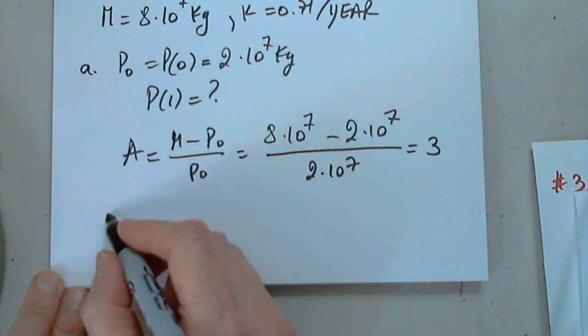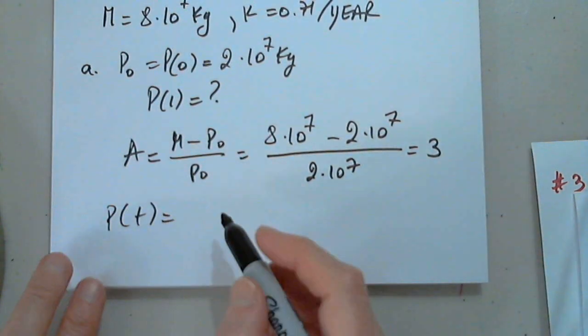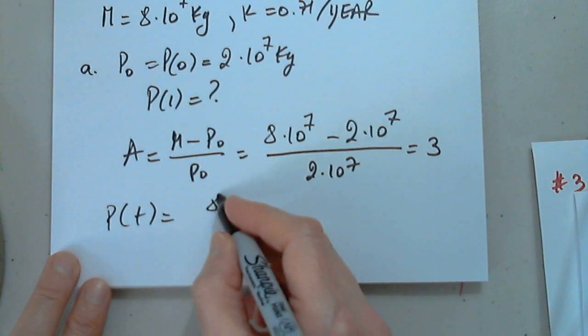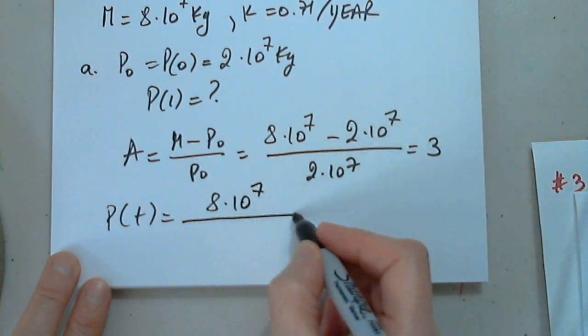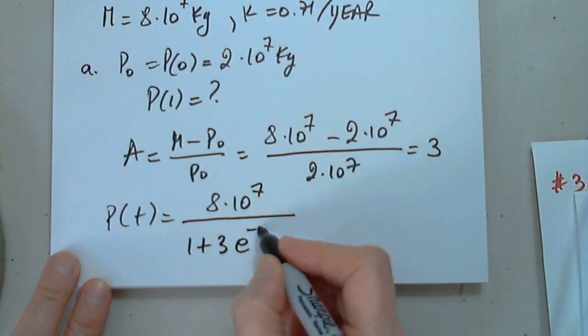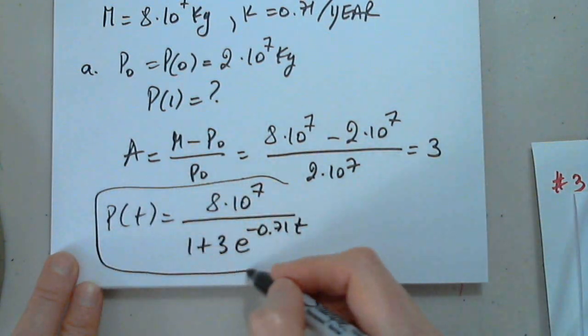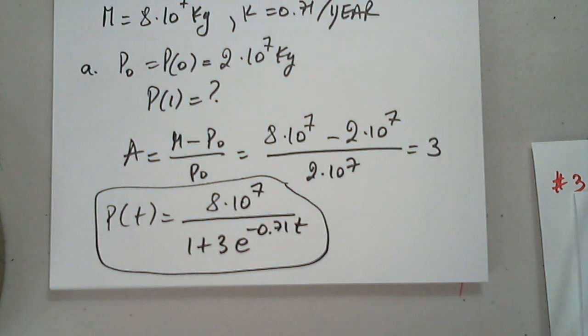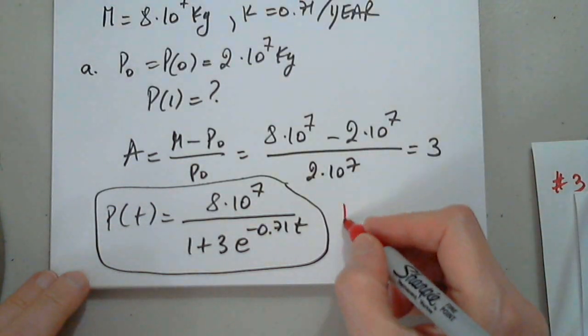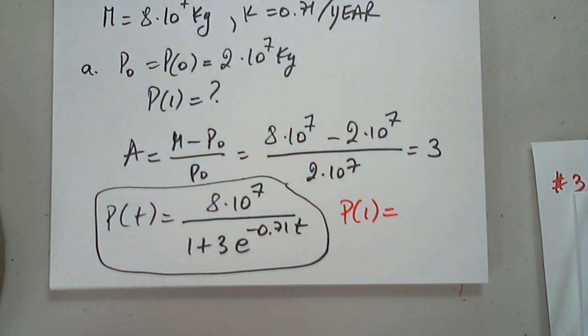So then we are ready to write the model, which is 8 times 10 to the 7th over 1 plus 3 e to negative 0.71 t. So we have the formula. We are asked to find a biomass a year later, no problem. So here we only have to determine P of 1.